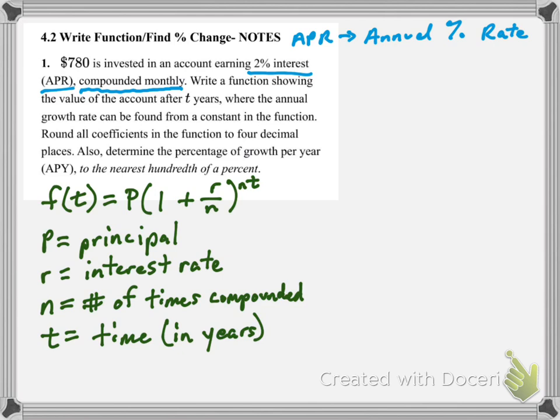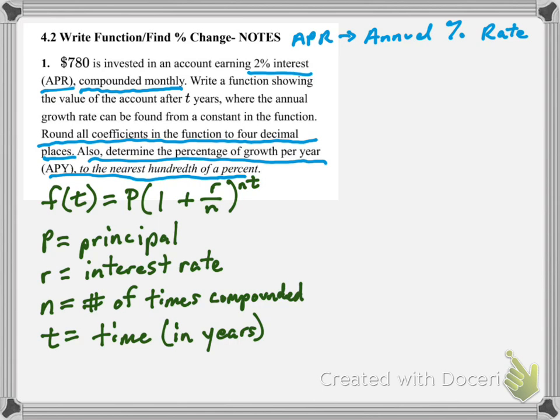They want us to write a function showing the value of the account after T years, where the annual growth rate can be found from a constant in the function. Round all coefficients in the function to 4 decimal places. And then also determine the percentage of growth per year to the nearest hundredth of a percent.